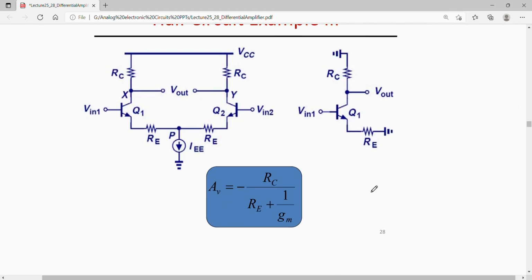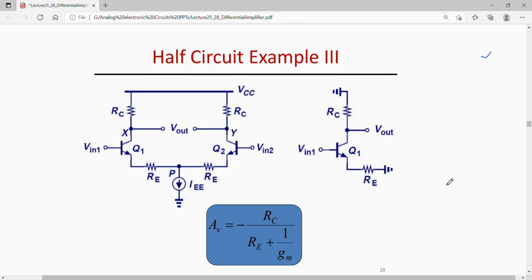Now similarly, let us take another example where we have to find out the gain of this circuit. So again you will divide this into two halves. Let us say we want to draw the Q1 half. It will contain a Q1 transistor, RC and RE. Let us say that lambda is 0 for this circuit. So this is a common emitter configuration with emitter resistance.